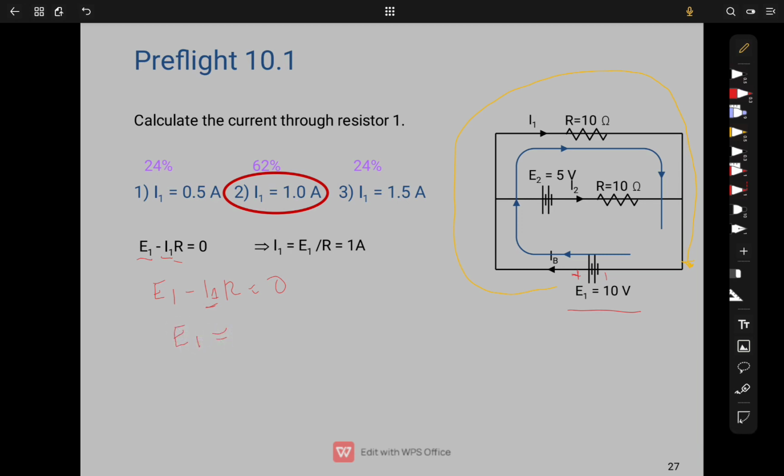So E1, so ito I1 R. So for us to get I1, so isolate natin siya. Mag-divide tayo ng R. That is E1 all over R. So E1 natin, that is 10 volts all over yung R value natin, that is 10 ohms. So we got 1 ampere. Kaya dito meron tayong sagot na 1 ampere.